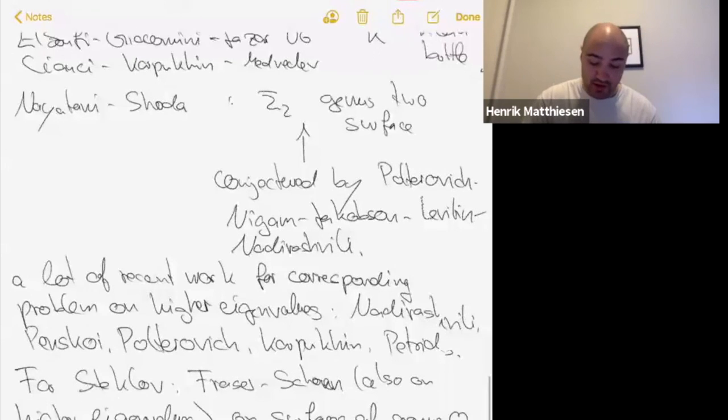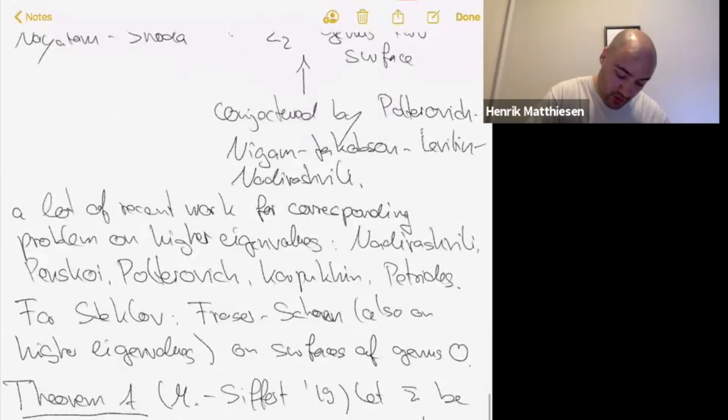Such that you maximize, so such that lambda 1 of (Sigma, h) times the area of that metric is at most the quantity for g, for any smooth metric h.